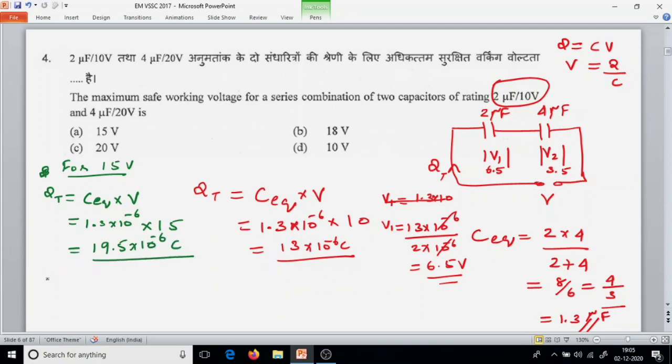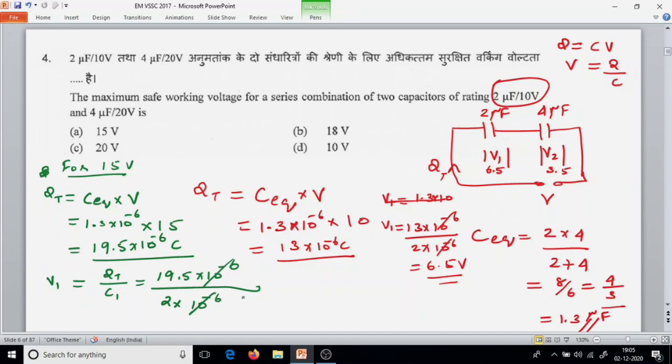Now I'll see what is V1. V1 equal to QT divided by C1, that is 2 microfarad. Therefore 19.5 into 10 to the power minus 6 divided by 2 into 10 to the power minus 6.